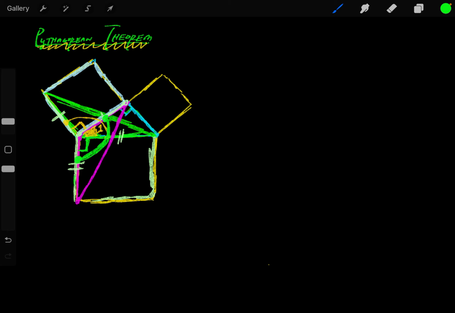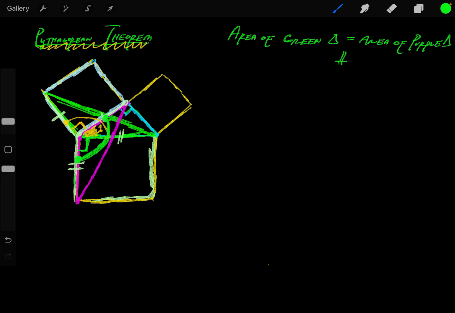So we want to write that. We want to say this guarantees area of green triangle equals area of purple triangle.